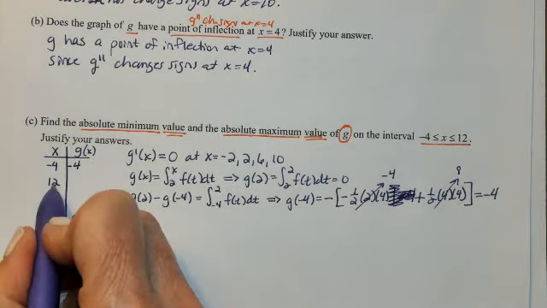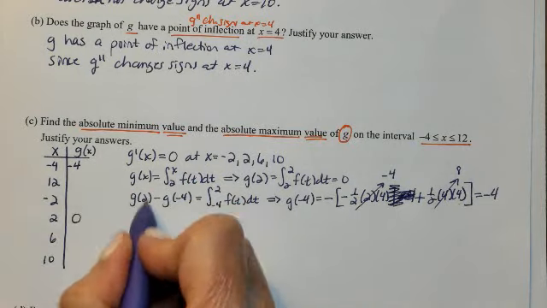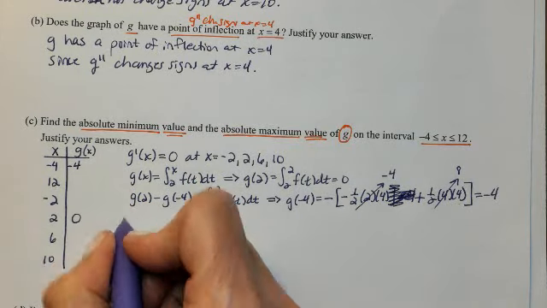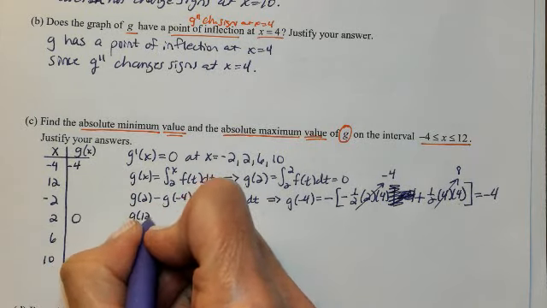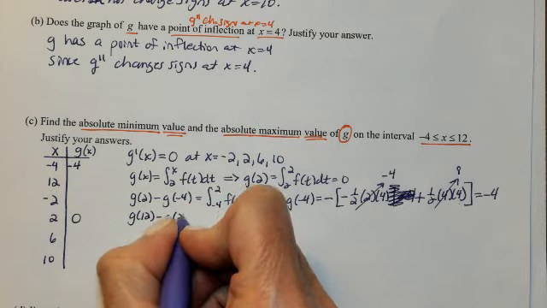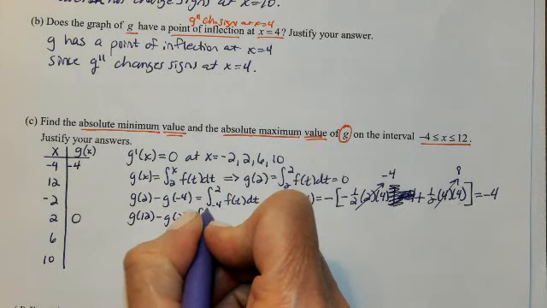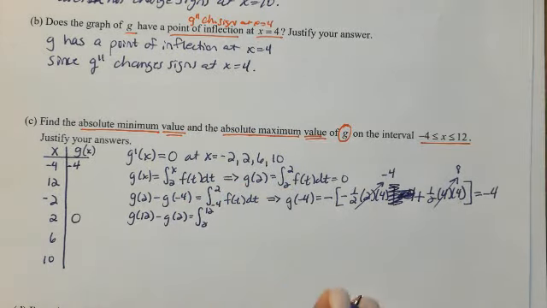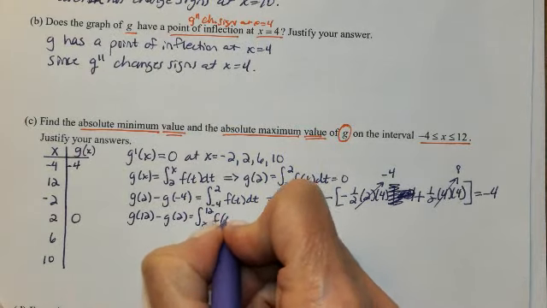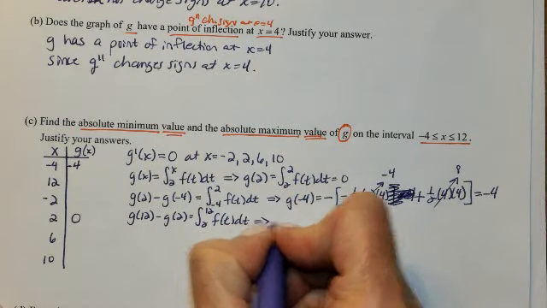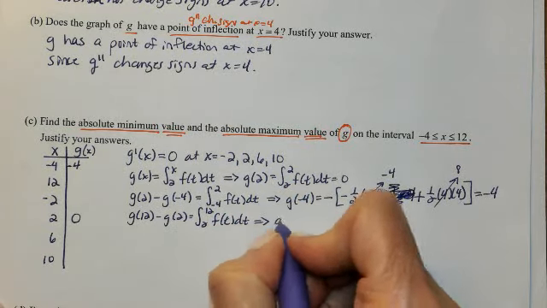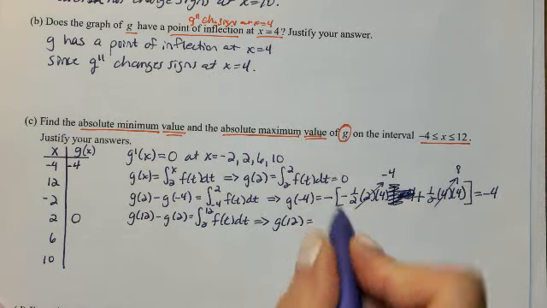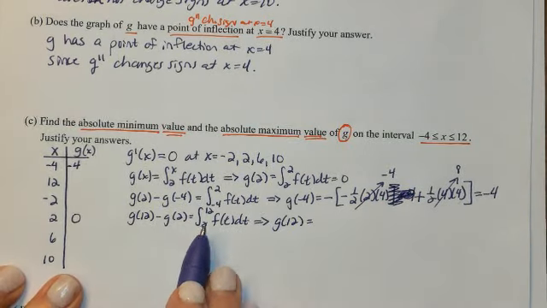Let's go on. Let's go to 12. So I'm going to set up the fundamental theorem with x equal to 12. Since 12 is bigger than 2, I'm going to put G of 12 first. G of 2 again is 0, so G of 12 is going to equal the integral from 2 to 12.